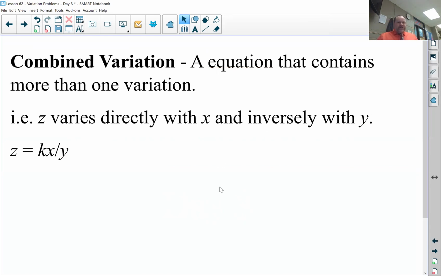For example, Z varies directly with X and inversely with Y. If we wrote that out, Z would be equal to KX divided by Y. The joint variation, you'll see it's defined in the textbook in one of the problems. It just means that we have direct variation with multiple variables. So technically it's a combined variation, but a specific combined variation.